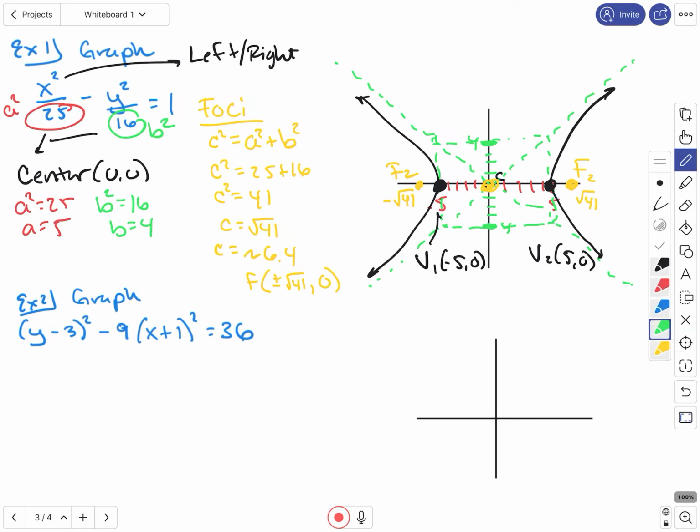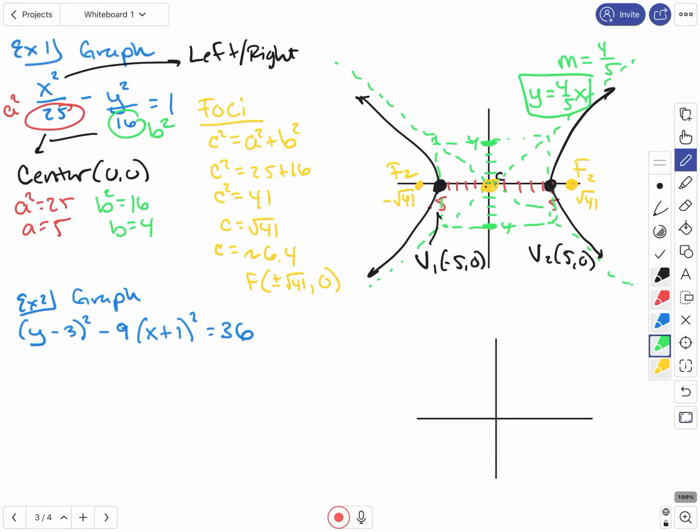So our slope for this asymptote is positive 4 over 5. Since the y-intercept is 0, the equation of that line is 4/5 x plus 0. Moreover, the other asymptote is symmetric.